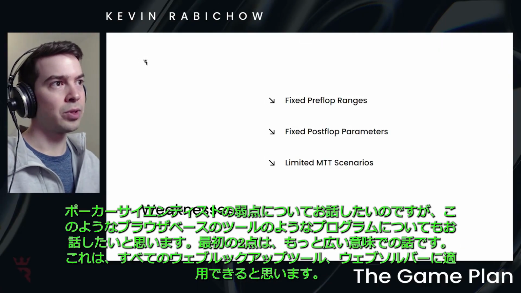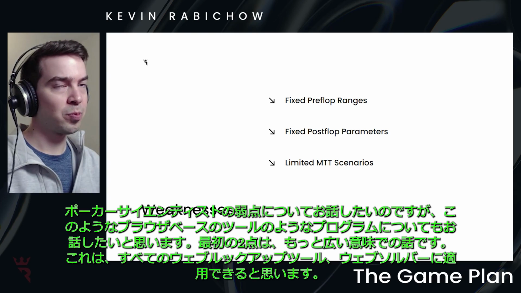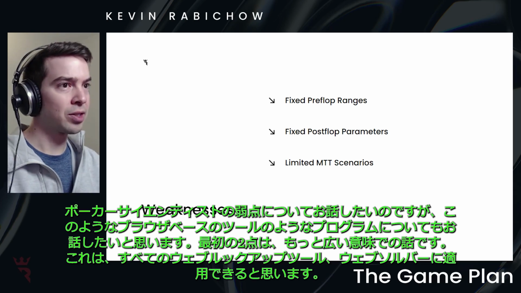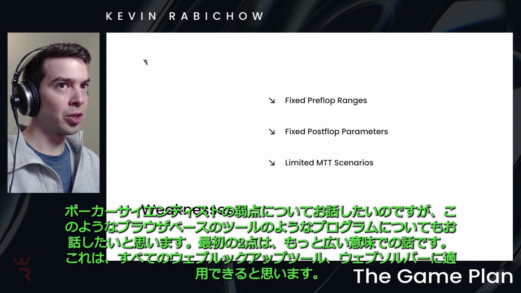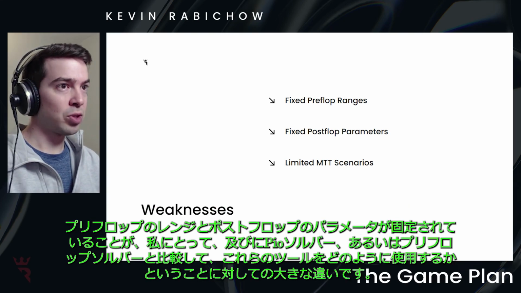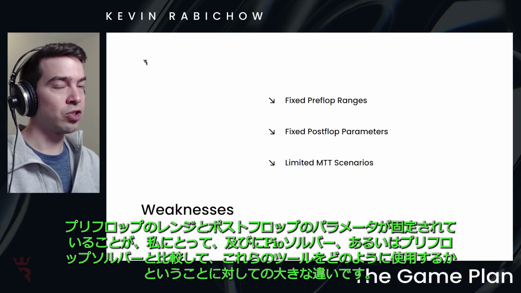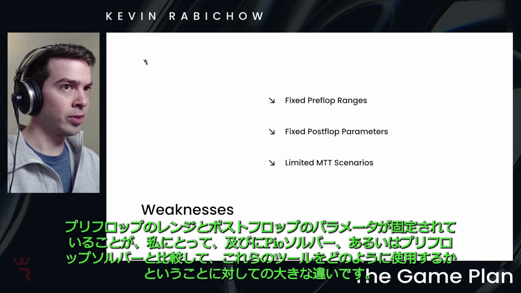Now, I do want to talk about the weaknesses of Poker Scientist, but also just programs like this, these browser-based tools. The first 2 points here are more broad. This is applicable, I think, to every web lookup tool, web solver. The fixed preflop ranges and the fixed postflop parameters are the big differentiator for me in how we use these tools compared to PIO Solver or a preflop solver.